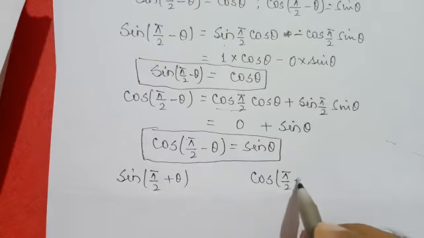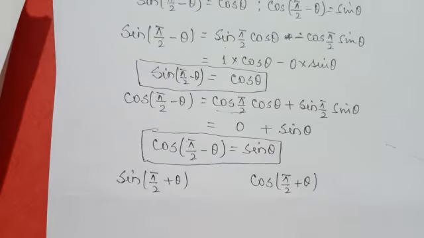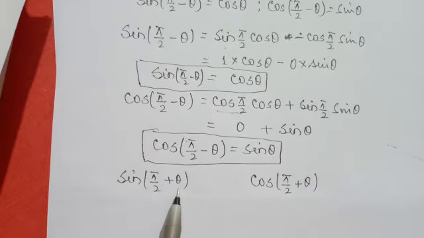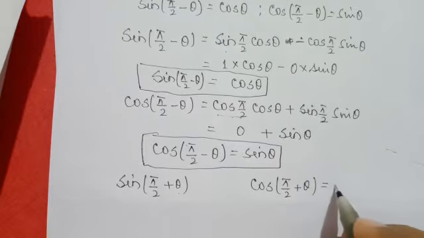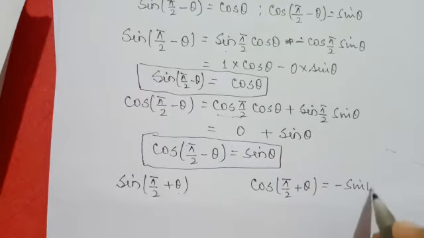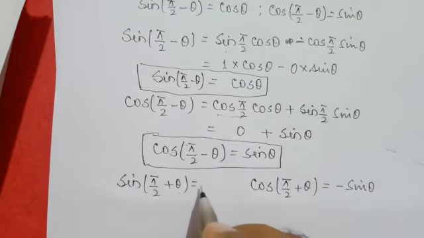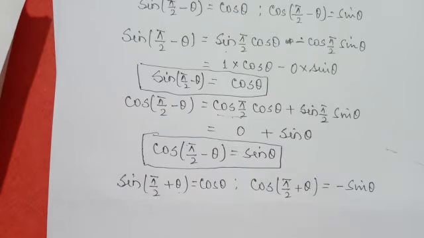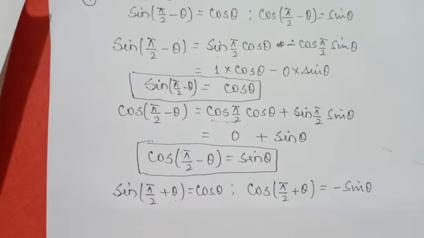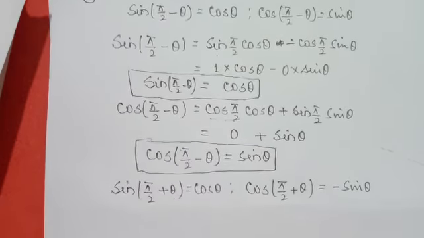I think you can prove them yourself. Sine pi by 2 plus theta is again cos theta, and cos pi by 2 plus theta is minus sine theta. I think you should prove the formula. If not, then I shall discuss it in the next class.